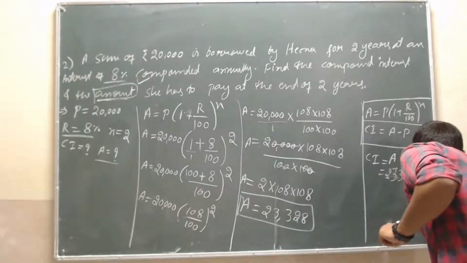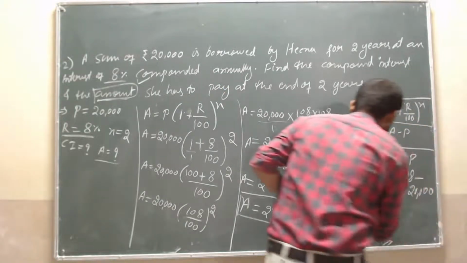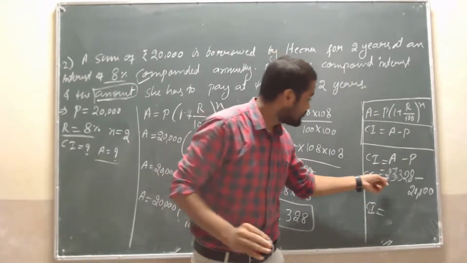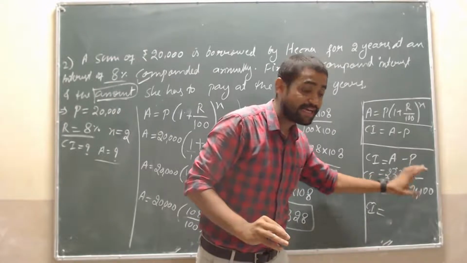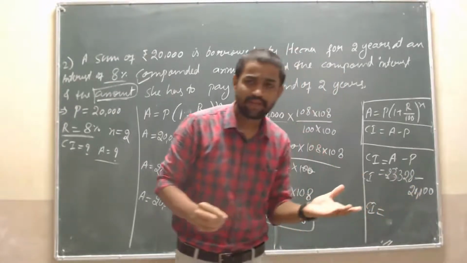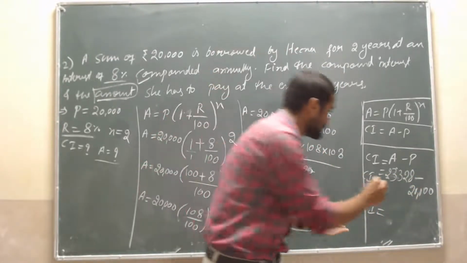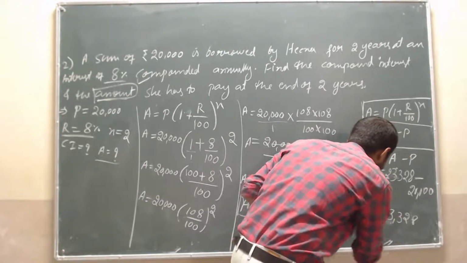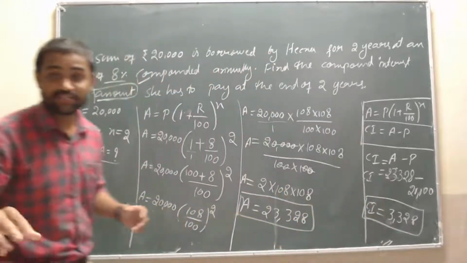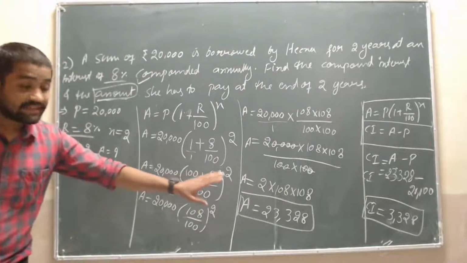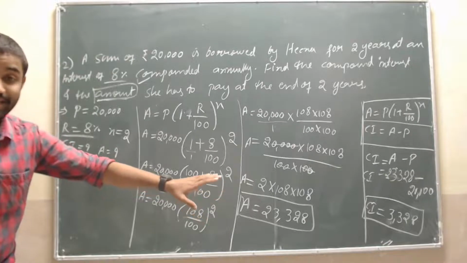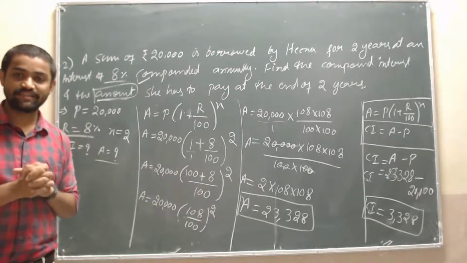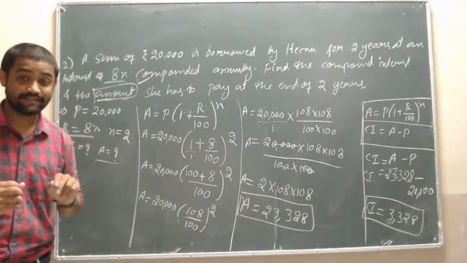That is 20,000. And CI is equal to, find out students, 23,328 minus 20,000. What will we get? That is 3,328 is the compound interest, students. 3,328 rupees is the compound interest, students, for 2 years.